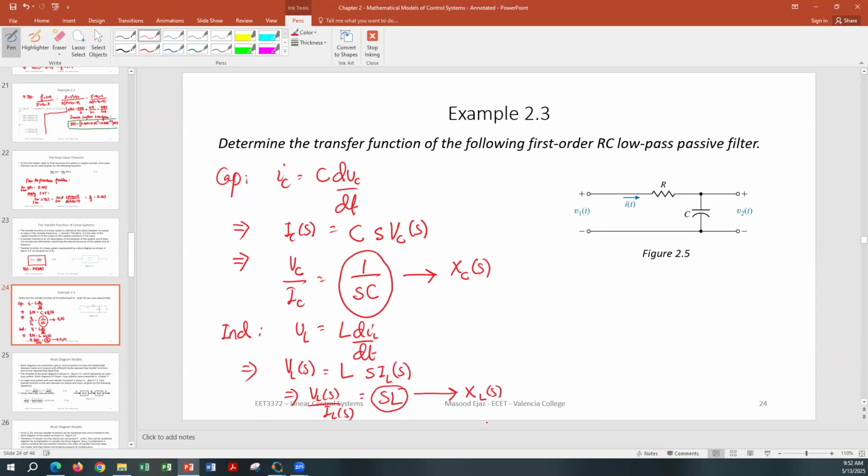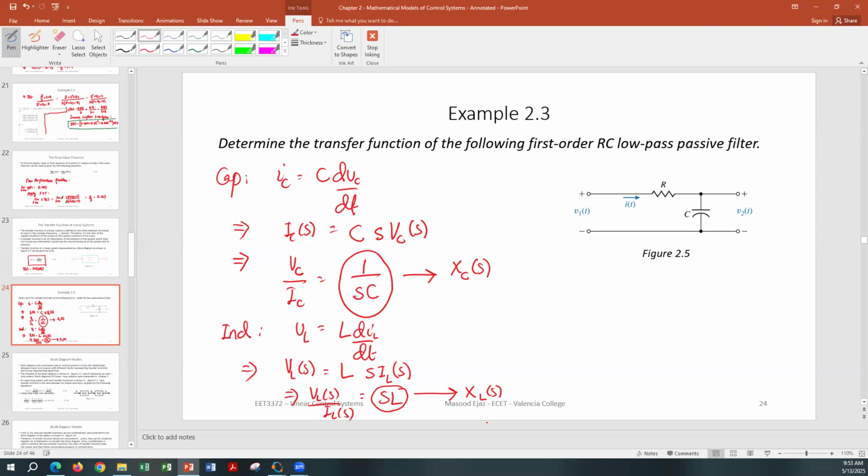Again, replace S by j omega and you find the familiar reactance formula. J omega L is the reactance of inductor here. J omega is basically replaced by S because j omega is part of Laplace domain. Sigma plus j omega, that is S.